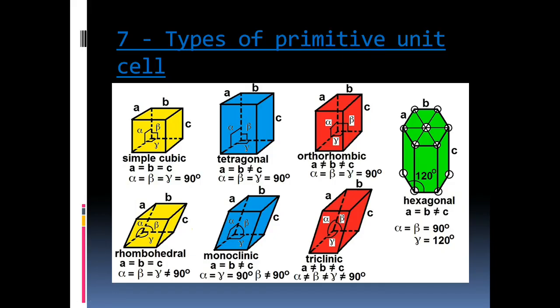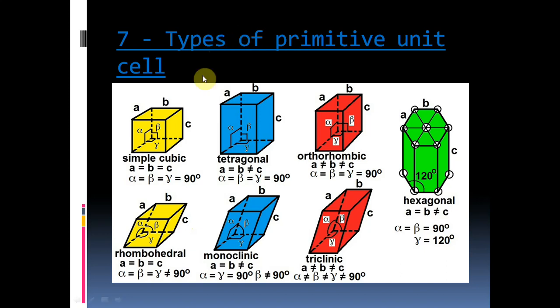Now we shall move into the 7 types of primitive unit cell. Based on the edge lengths A, B, C as well as the angles alpha, beta, gamma, we have got 7 types of unit cell.